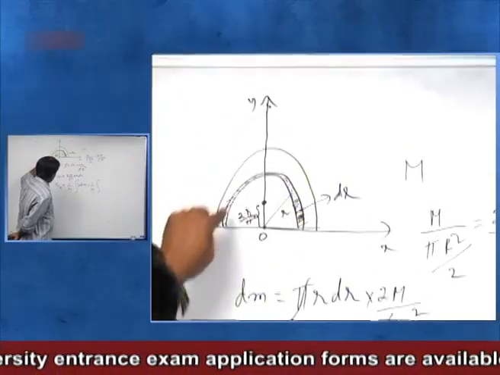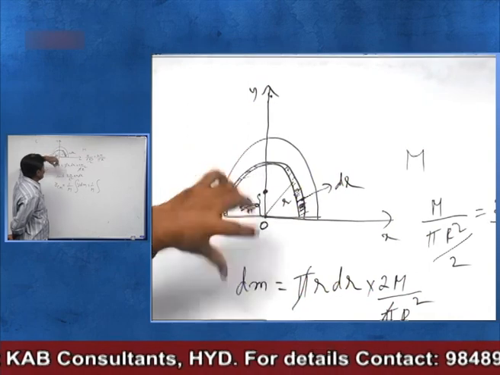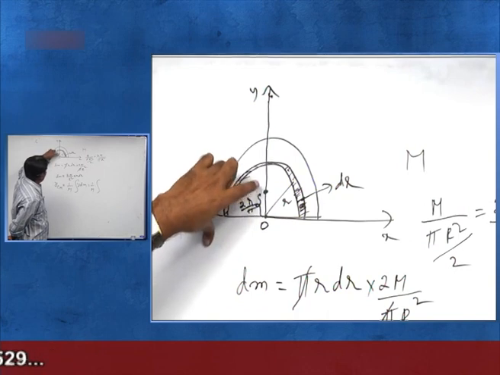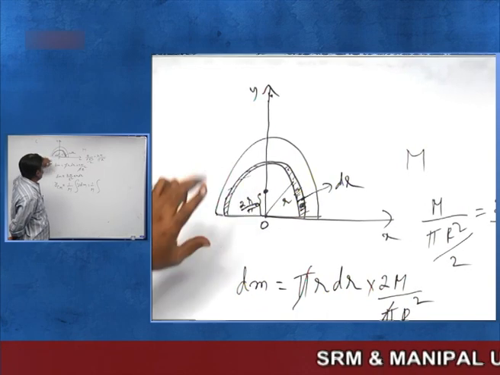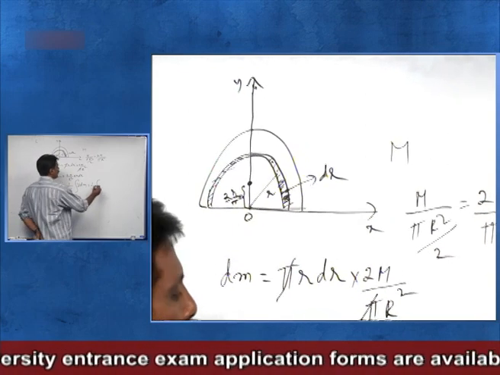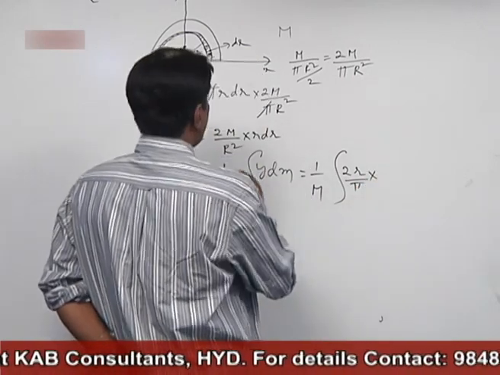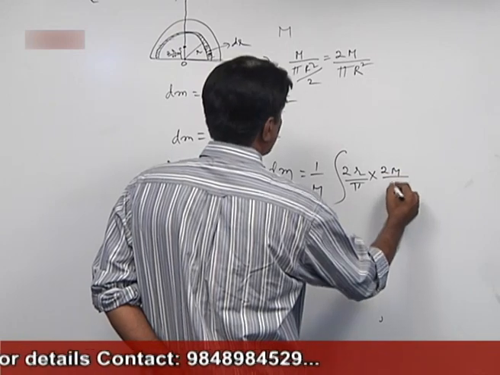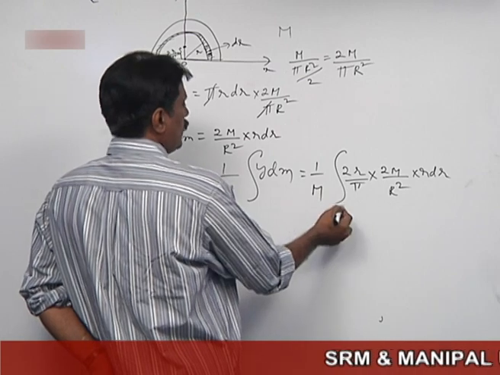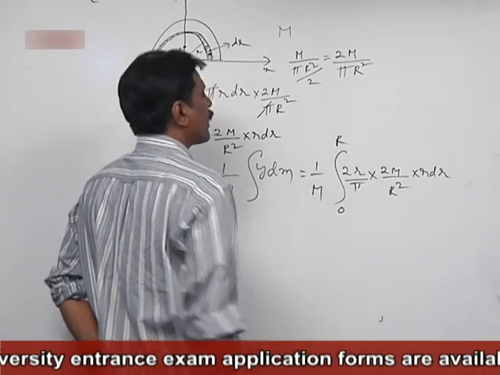The mass of this element is dm, but this dm's center of mass is here. Because of the previous result, the center of mass of this semicircular part is at a distance 2r by pi from O. Therefore, this y value should be equal to 2r by pi, into dm, which is 2m by r square into r dr, and the limit is from 0 to r.